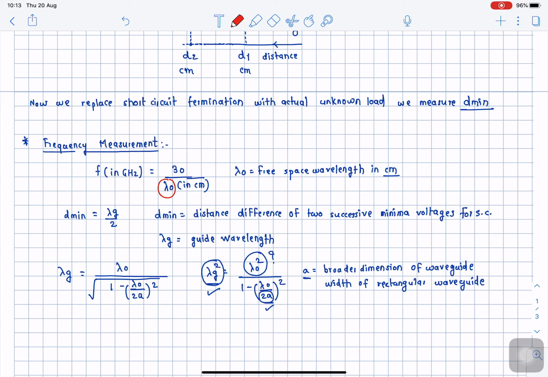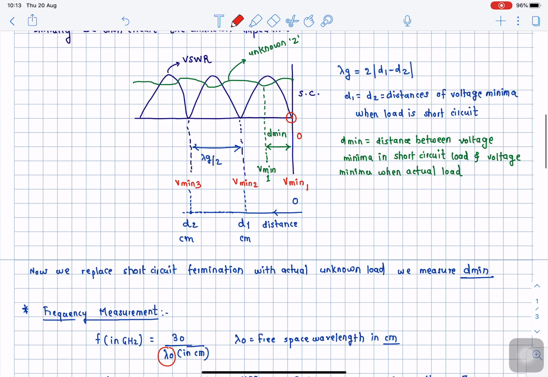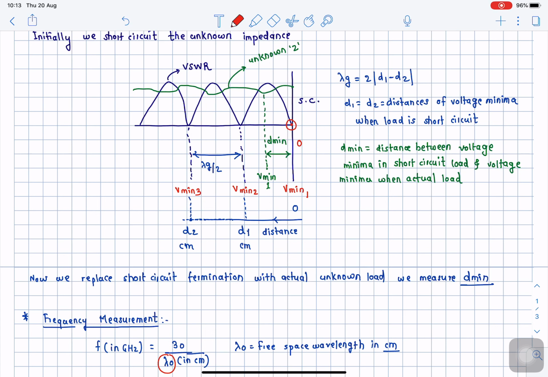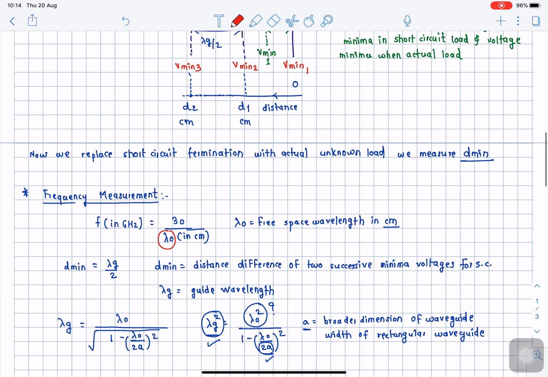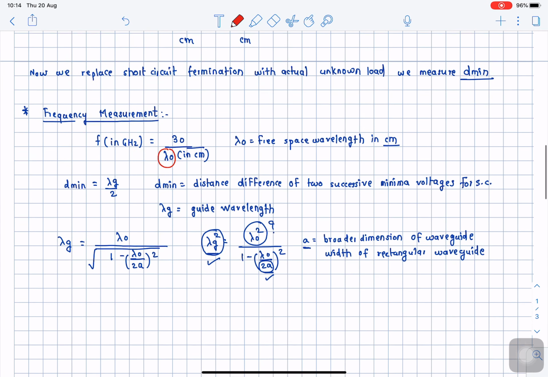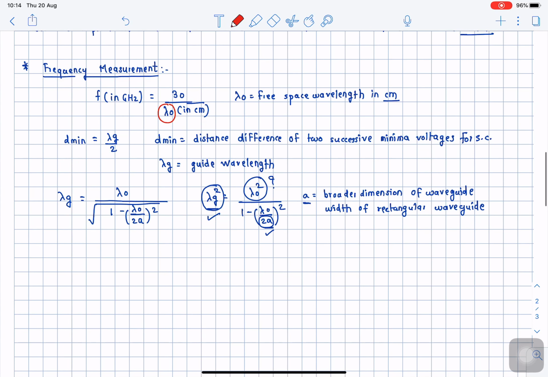So this procedure works fine without a frequency meter, and the procedure using the frequency meter you already know. This is the second technique I discussed for measuring unknown frequency when we do not use a frequency meter.